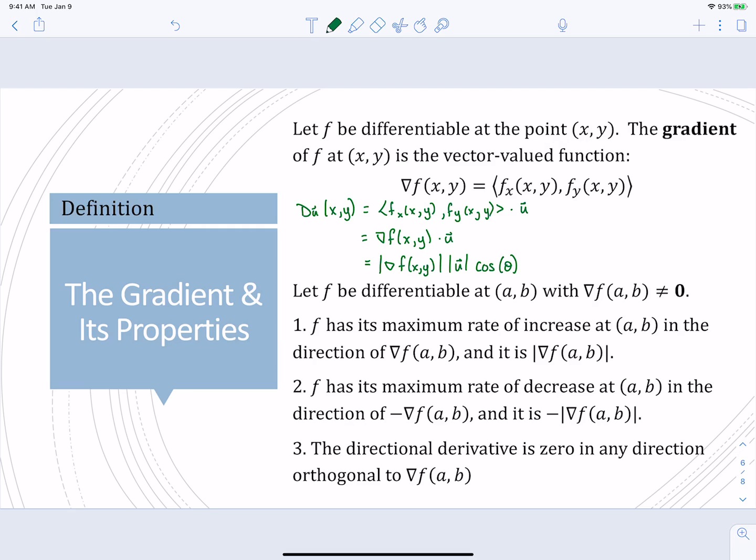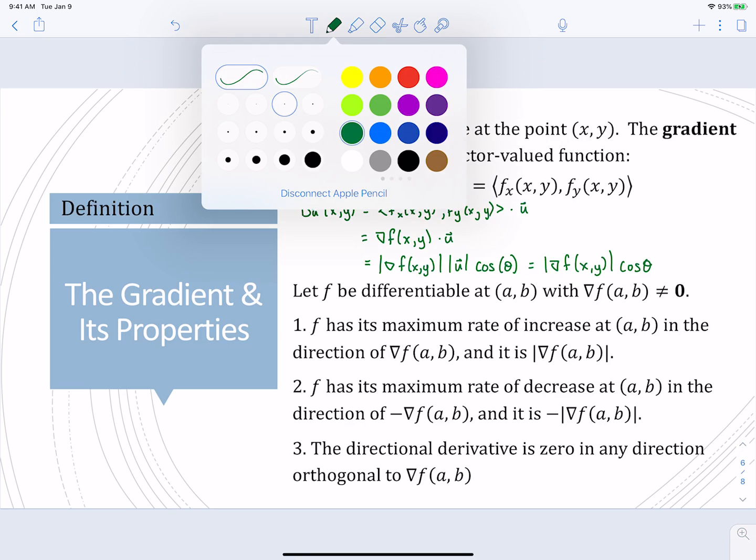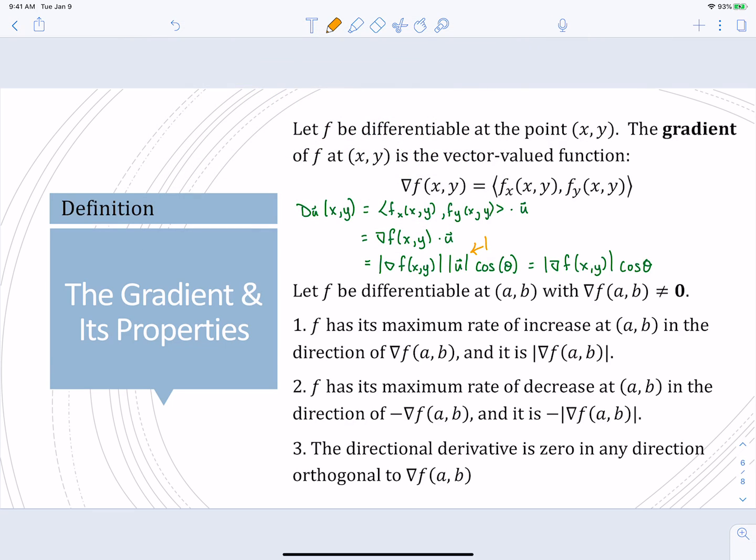First off, u is a unit vector, so this is equal to the magnitude of the gradient times the cosine of the angle between them. The magnitude of u is 1. That was one of the main reasons why we set this up so that u, the direction that we're going in, is a unit vector, because then when we look at this dot product, that's 1.